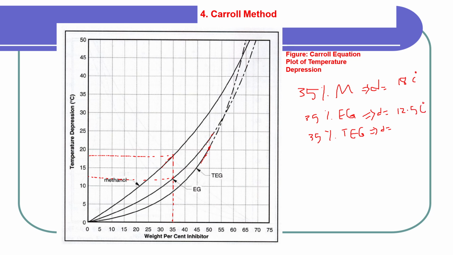And if I'm adding TEG, the value of D will be around 8 degrees Celsius. So this gives you an idea of how to use the Carroll method to predict or estimate how much the decrease in hydrate formation temperature would be based on the concentration of the inhibitors that you are using.